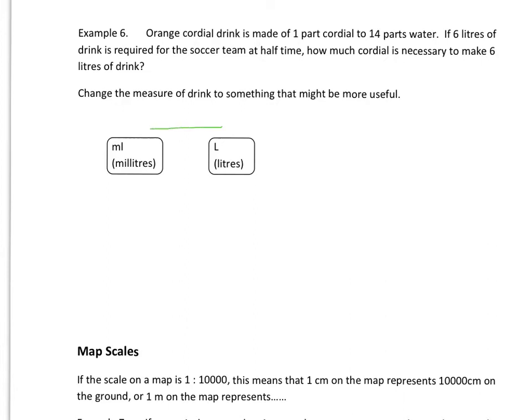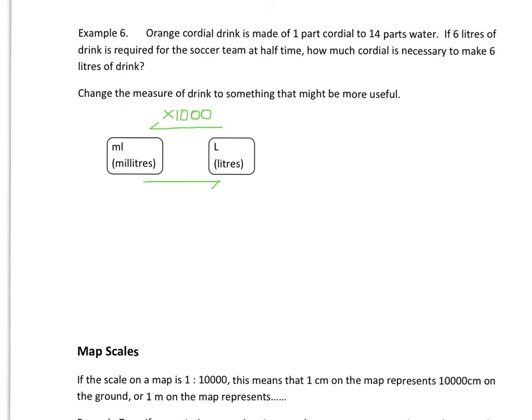To convert from litres to millilitres, milli indicates 1,000th, so it's multiplied by 1,000. And if you think about it, 1 litre of milk contains 1,000 millilitres.